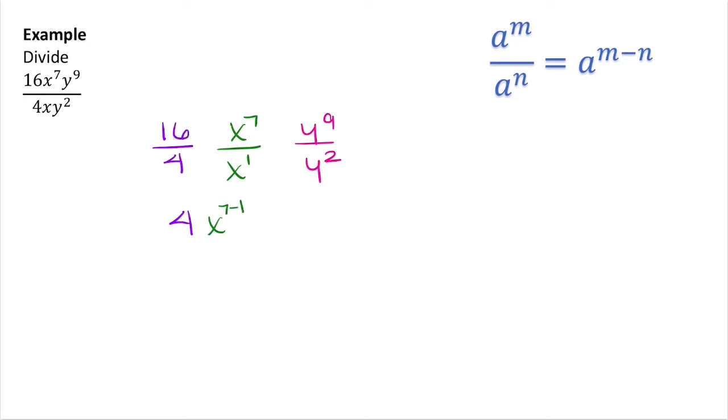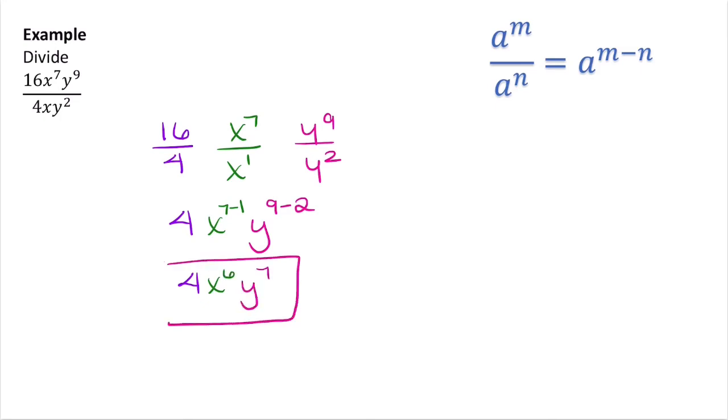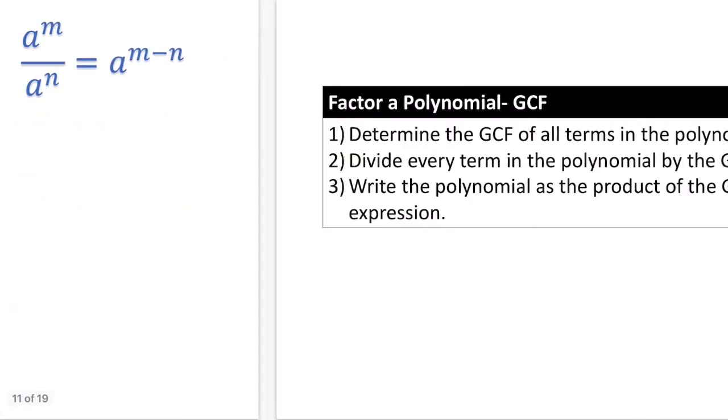So that's going to be x to the 7 minus 1. Same thing with y. We have to use that exponent property with y, so we have y to the 9 minus 2. So when we write this final expression, this is going to be 4x to the 6th, y to the 7th. Okay, so that's how you use those properties separately for variables, and then you use regular division for the coefficients.